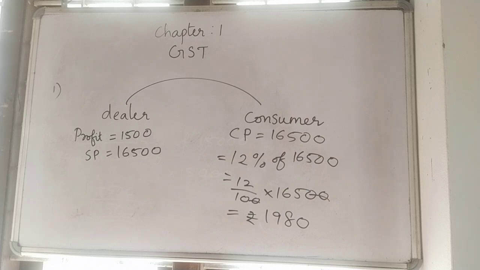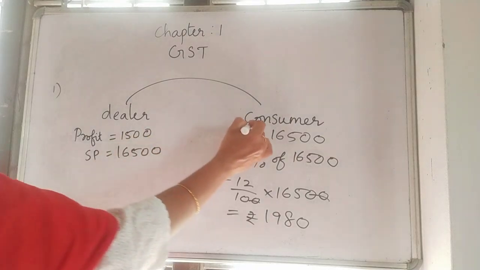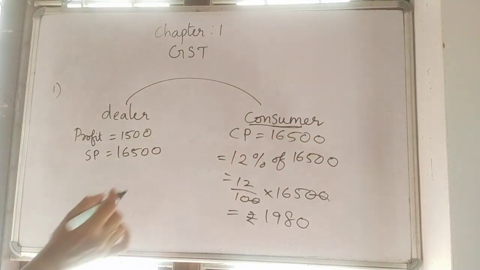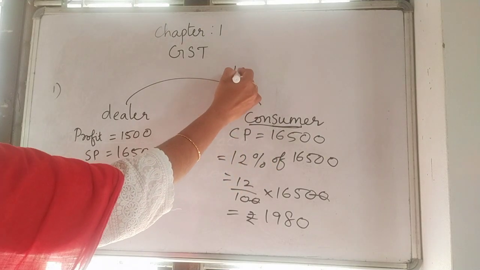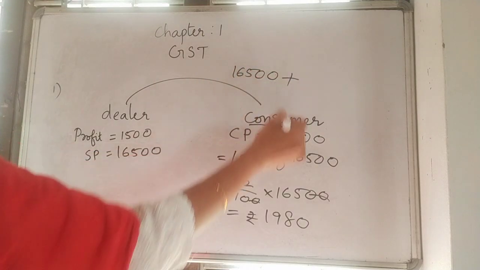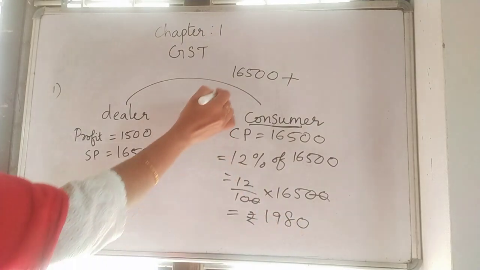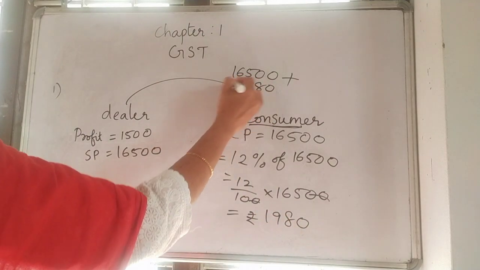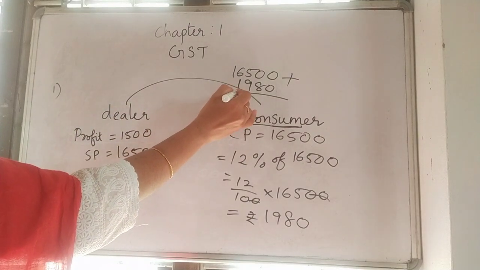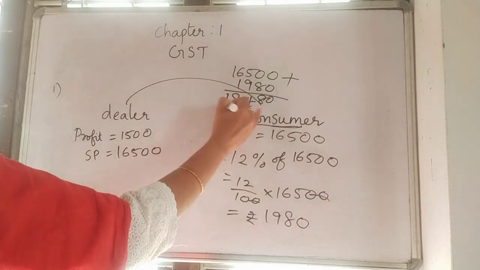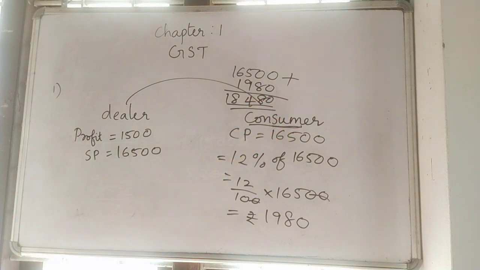The consumer has to pay 16,500 plus this GST also. So it will be 18,480. So 18,480 will be the total amount paid by the consumer.